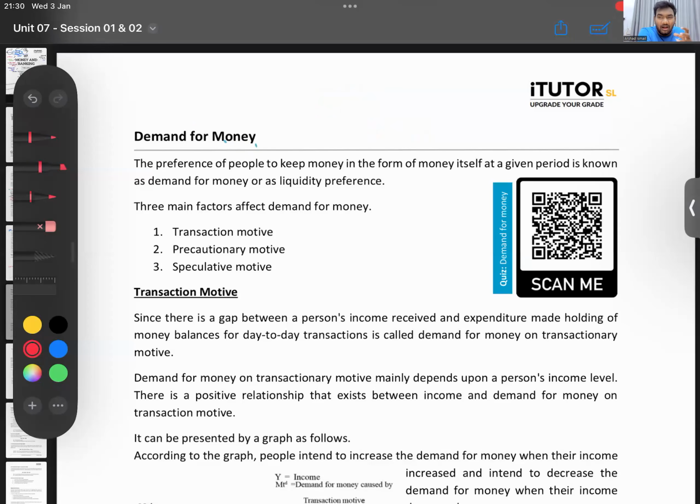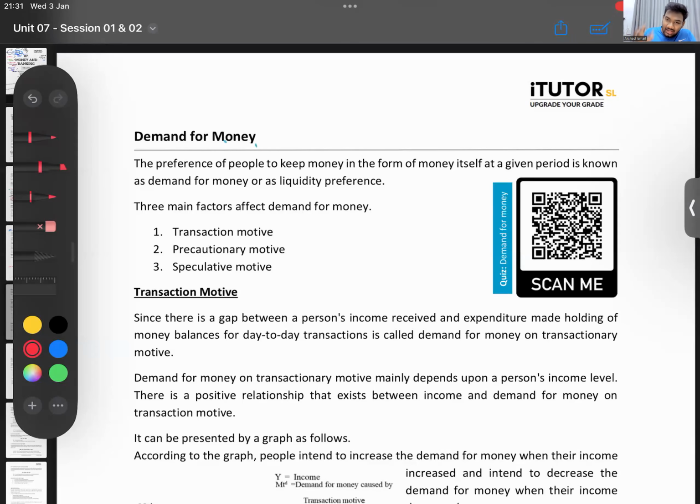So, what is demand for money? Demand for money is the preference of people to keep money with them in the form of money itself, or in other words, in the form of cash.